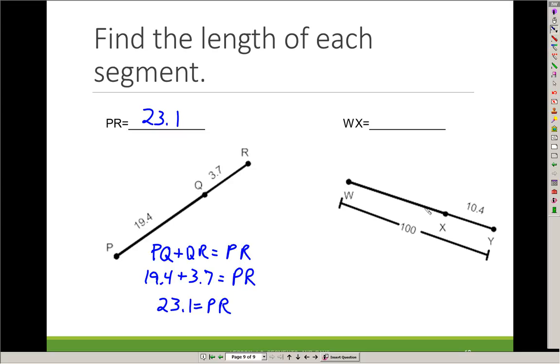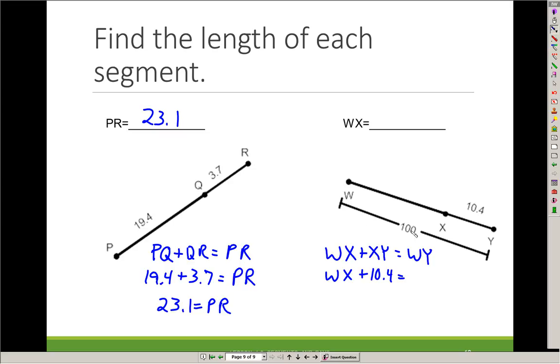On the second one, X is between W and Y. So I know then that the measure of segment WX plus the measure of segment XY is equal to the measure of segment WY. Measure of segment WX I don't know. Measure of segment XY is 10.4.